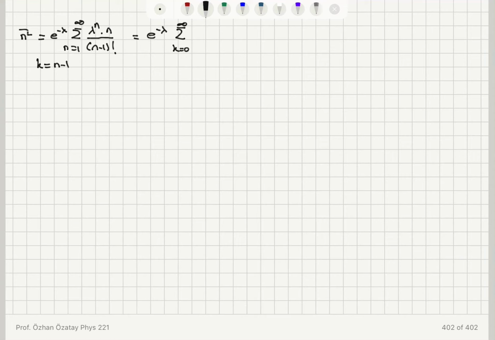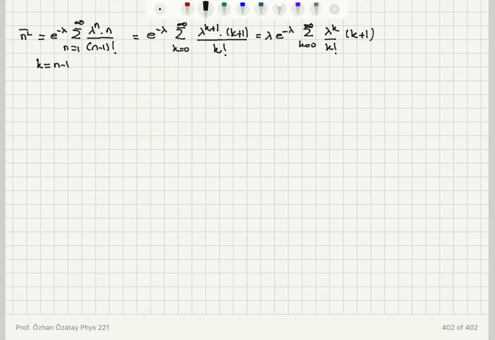And then we have lambda to the n, so that is lambda to the k plus 1, and n is k plus 1, divided by n minus 1 factorial, that is k factorial. So if I open this up, it basically has an extra lambda term here, so this is going to be lambda e to the minus lambda, sum over k from 0 to infinity, lambda to the power k over k factorial times k plus 1.